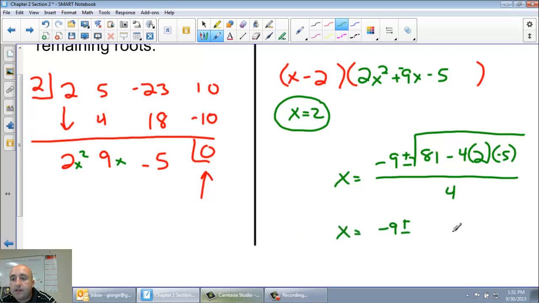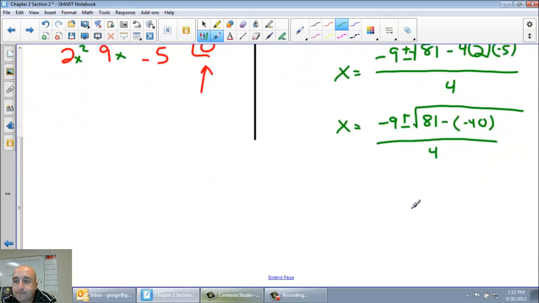Negative 9 plus or minus the square root of 81 minus 4 times 2, which is 8. 8 times negative 5 is negative 40, all over 4. So x equals negative 9 plus or minus the square root of 81 plus 40, which is 121, all over 4.